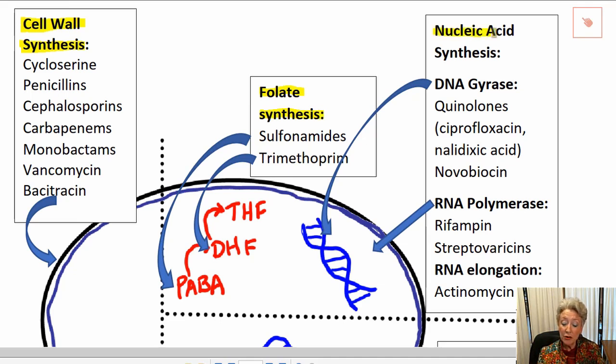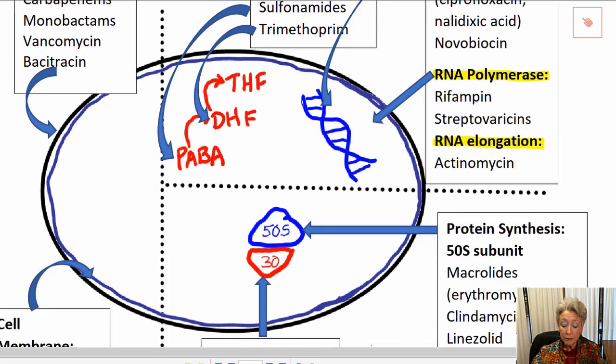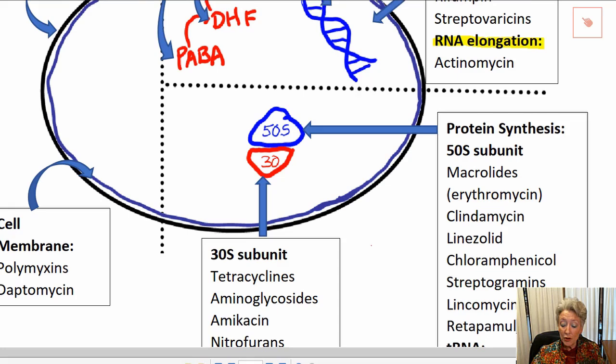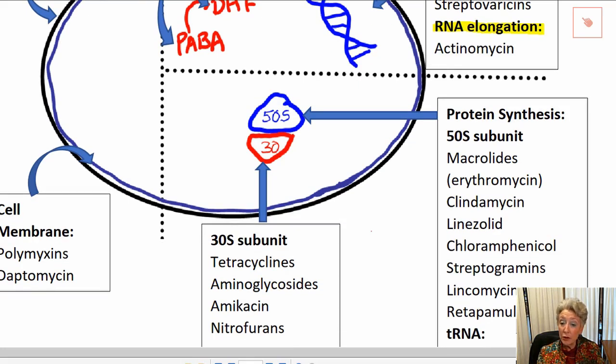Those that attack nucleic acid synthesis may do it at the DNA level, the quinolones, ciprofloxacin, nalidixic acid, novobiocin, or at the RNA level, the rifampins and streptovaricins and so forth. Those that target RNA elongation, actinomycin, and quite a large bunch tackle the unusual size of the ribosomes.